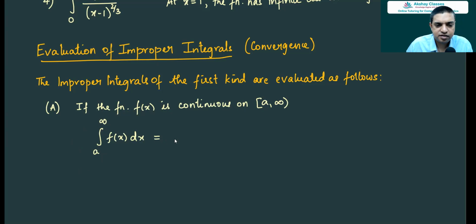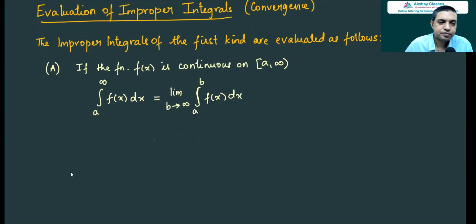How do we evaluate this? We write this integral as integral a to b f of x dx and apply the limit b tending to infinity. So first we assume some variable value b as the upper limit, and we evaluate the integral, substitute the upper limit and the lower limit, and then make the upper limit tend to infinity. This is the way we evaluate.